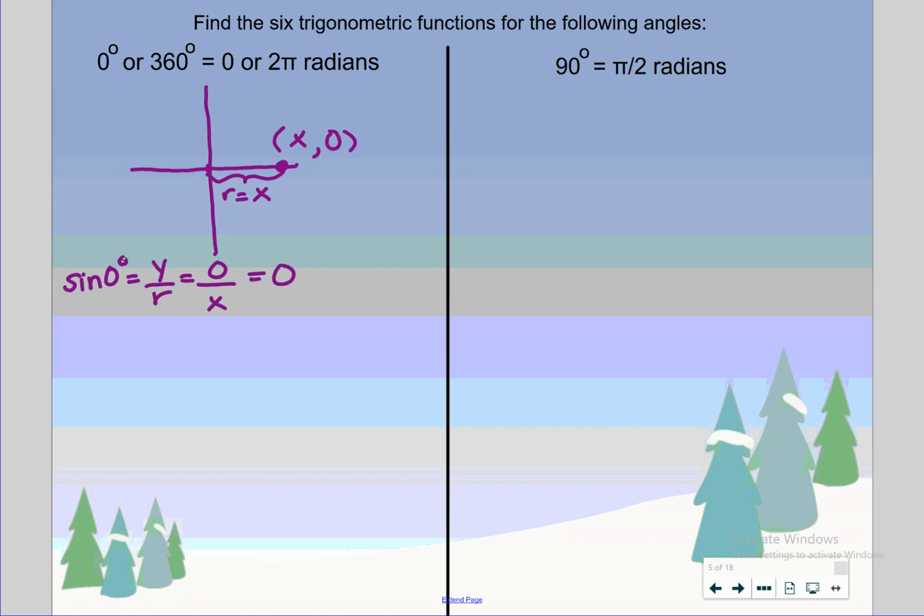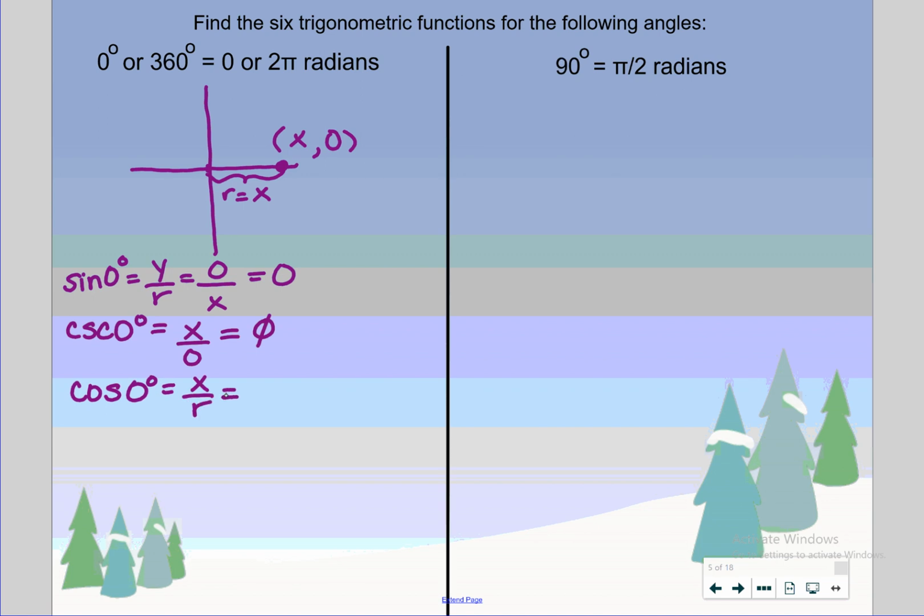All right, so then if I wanted the cosecant of 0, all I have to do is flip that. So instead of 0 over x, it's x divided by 0. Am I allowed to divide by 0? I am not. So the cosecant of 0 is undefined. If you want cosine, that's x over r.